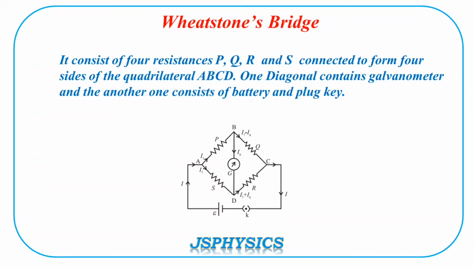The current in the branch BD, where galvanometer is connected, is IG. So the rest of the current, that is I1 minus IG, will pass through BC branch. At the same time, at point D, current I2 and IG will combine to give you I2 plus IG in branch R. So that is how distribution of the current is there in a Wheatstone's bridge.